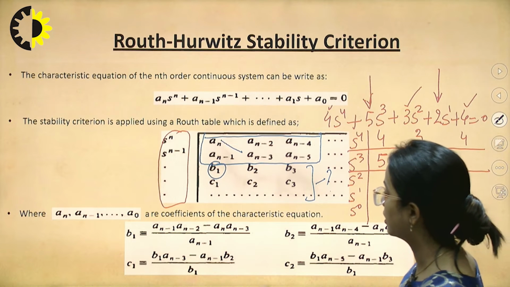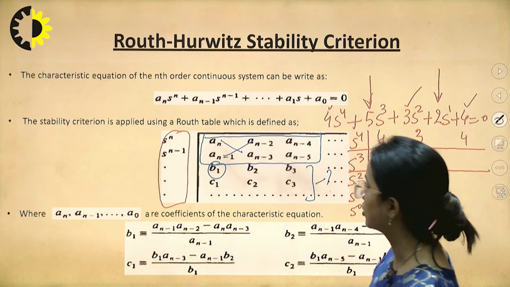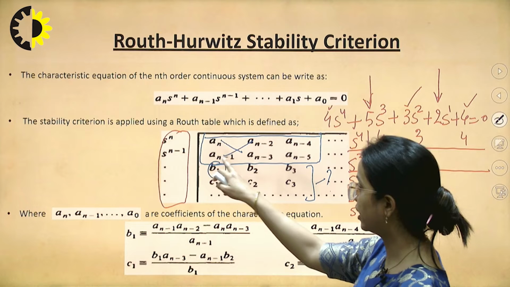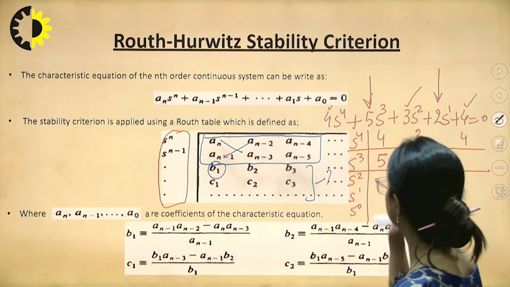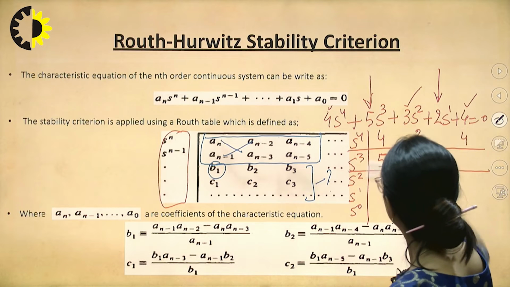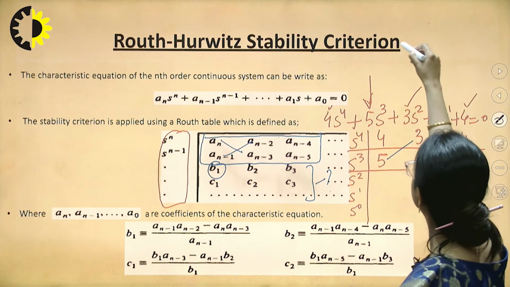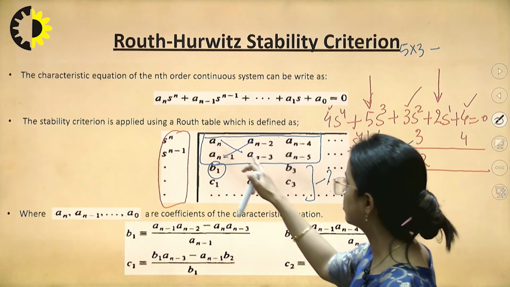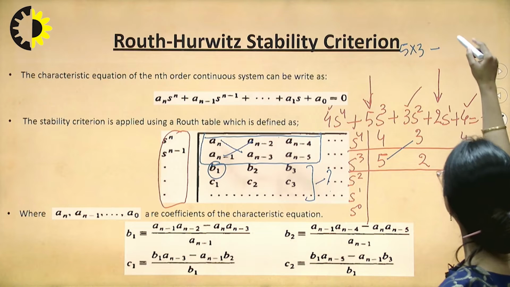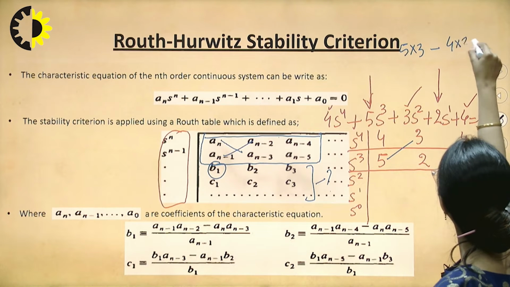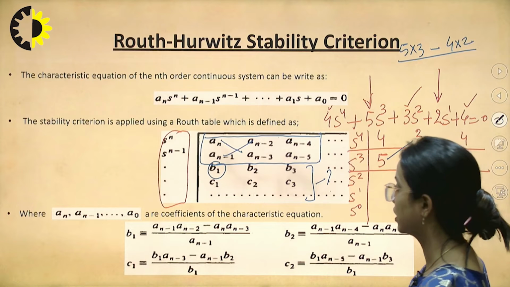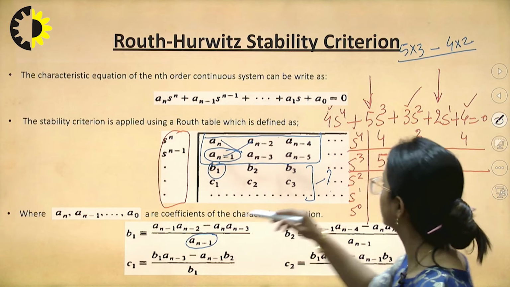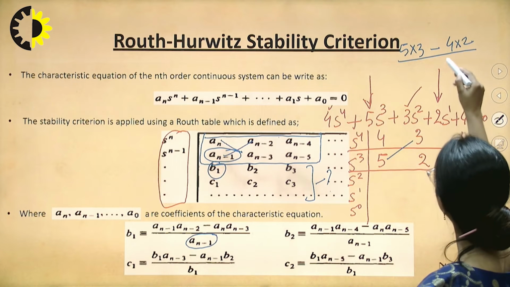We first multiply a(n-1) into b(n-2), so here we have 5 into 3, minus a(n) into a(n-3), which is 4 into 2, divided by a(n-1), which is this term, in this case 5.